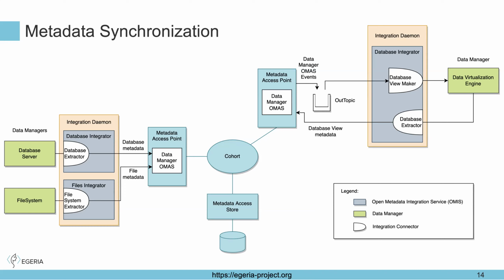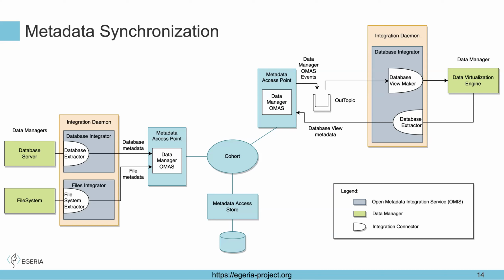So this style allows the dynamic management of a data virtualization engine. And as the number of databases, files, and things that need the data virtualization engine updated increases, of course, it's not cost effective to have a human do that. So this is a mechanism that allows that automatic update.